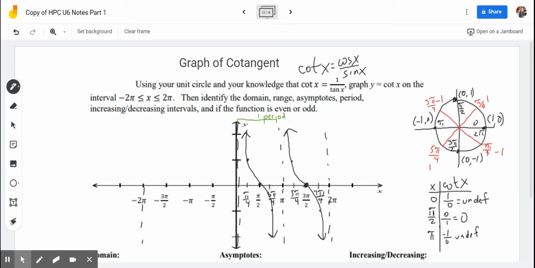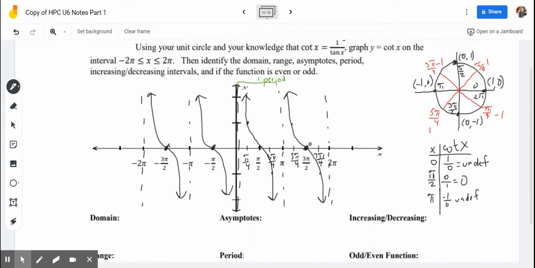So if we go 2 pi radians to the left and pi radians to the left, we're going to see the same type of pattern. Now I'm just going to do a quick sketch because we know the general shape of it. It's going to be backward Saturday Night Fever in between our intervals.